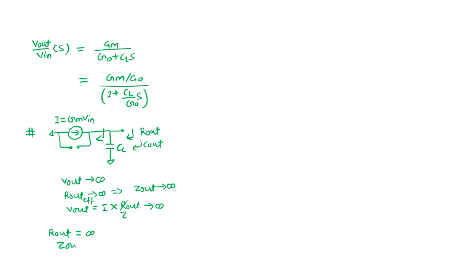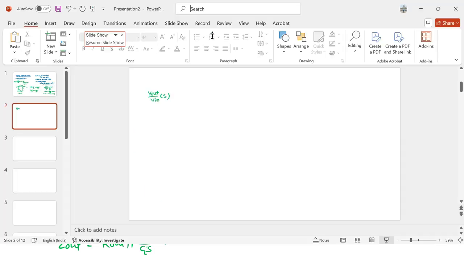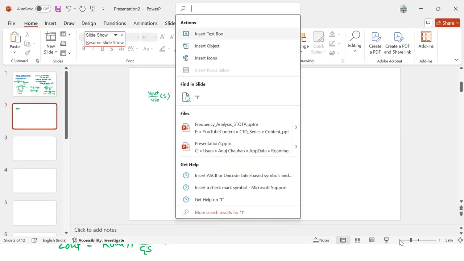What do we mean by Z out being infinite? Z out is R out parallel with 1 upon CLS. So for it to be infinite, it means, because R out is infinite, 1 upon CLS must be infinite.